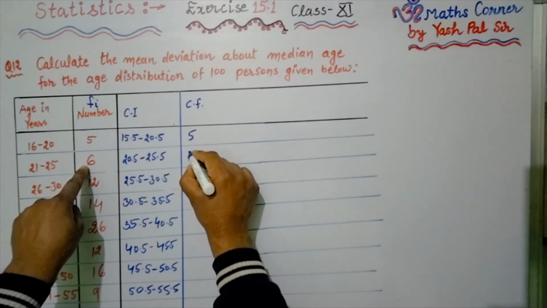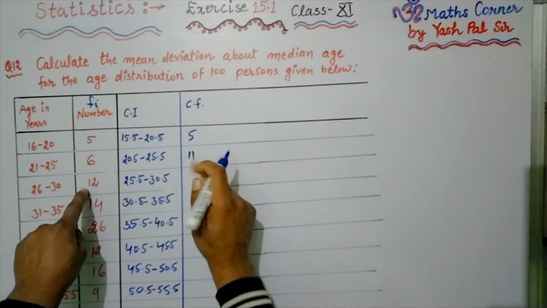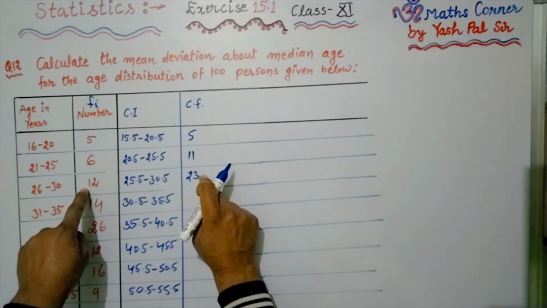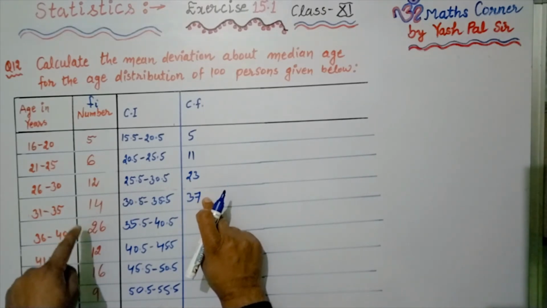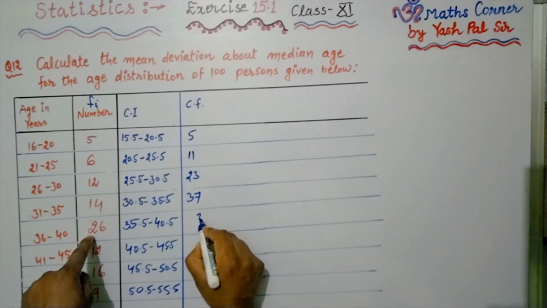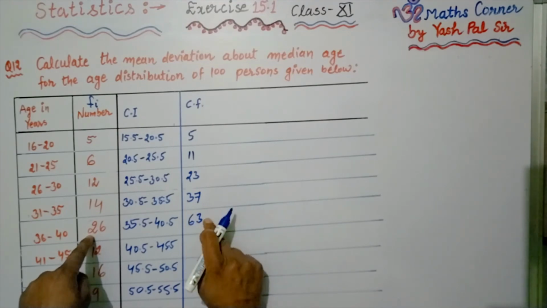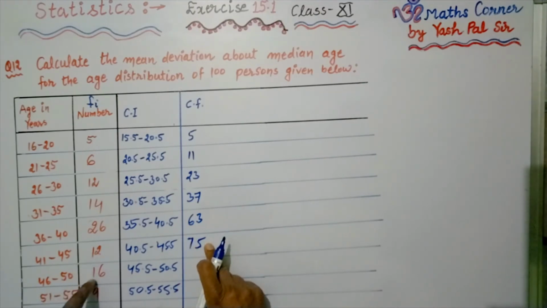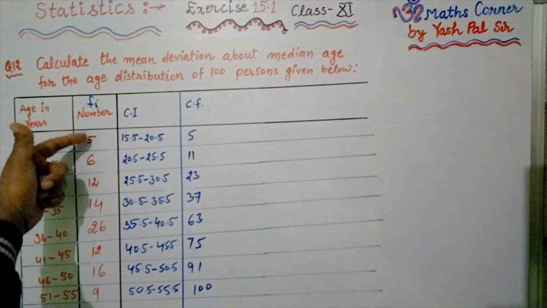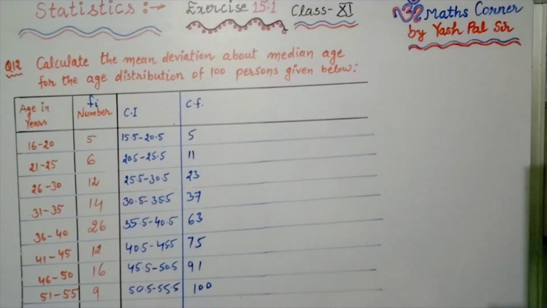Now 5 plus 6, 11. 11 plus 12, 23. 23 plus 14, 37. 37 plus 26, 63. 63 plus 12, 75. 75 plus 16, 91. 91 plus 9, 100. So the sum of frequencies is 100.